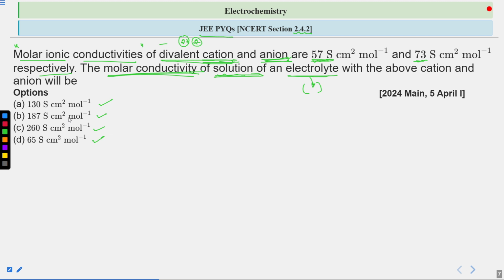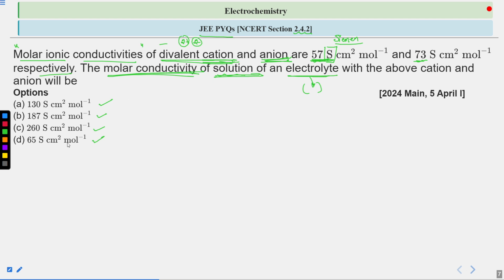I keep saying Siemens; basically it is this S. S is the representation of Siemens. Siemens is a unit we use in the measurement of some quantities in this chapter. Like in molar conductivity, we use Siemens as one of the units.